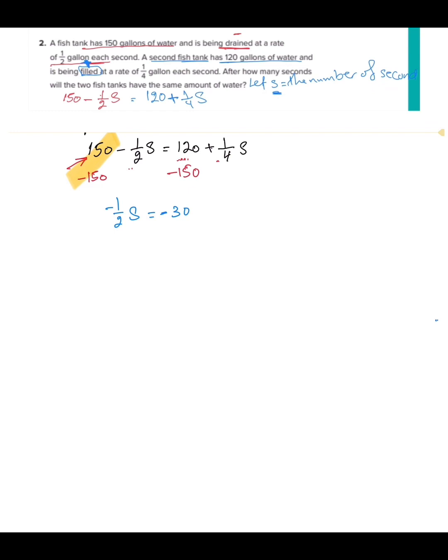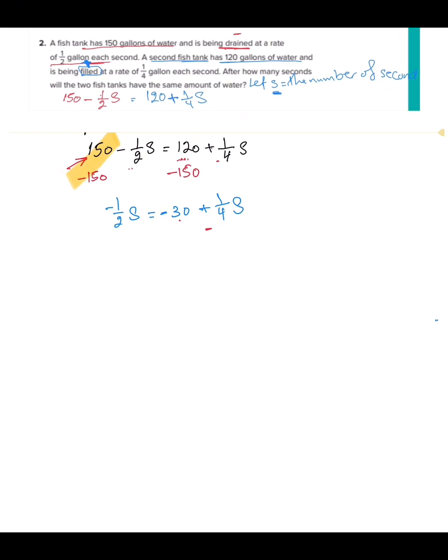Subtract and write the bigger sign, which is minus. Plus a quarter s. As we said, we must move the variable to one side and the number to the other. The first side is only the variable, and the second side has a number and a variable, so I will move this variable.